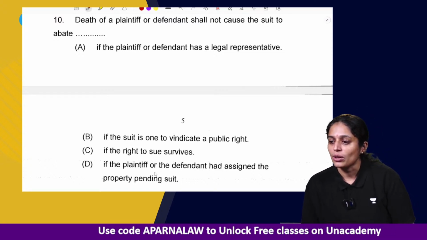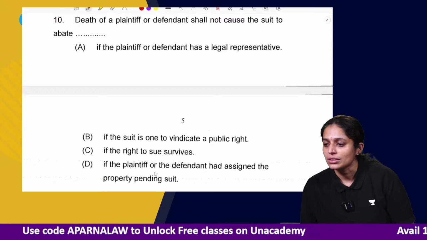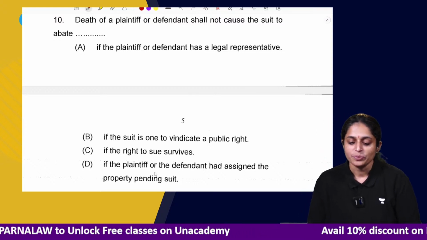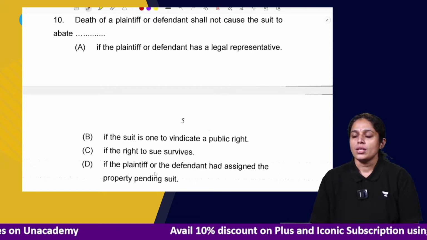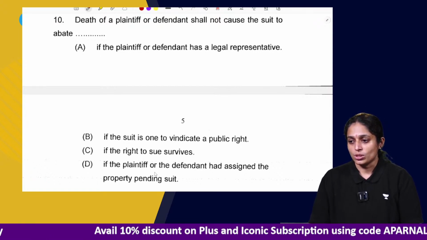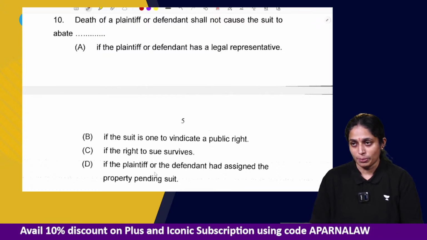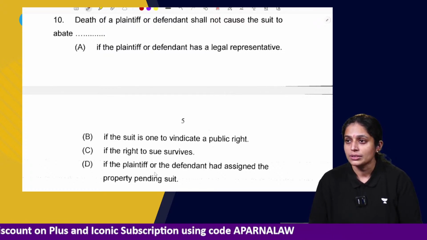Yes, correct, exactly. Order 7, I guess. What you are saying? Order 7 and Order 8. So, when does the suit not abate, even if the death of a plaintiff or the death of a defendant occurs?